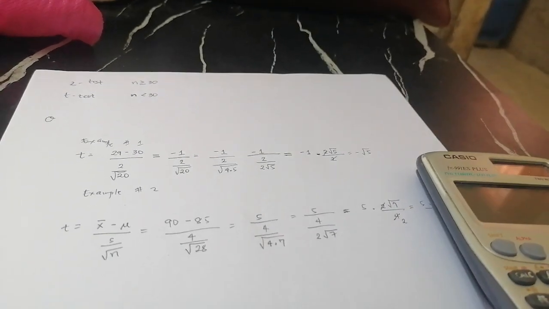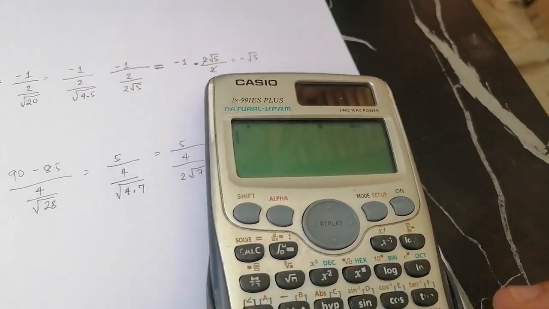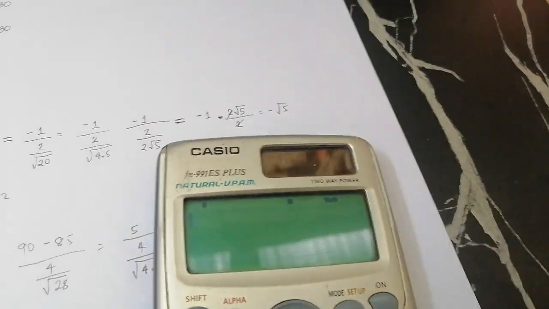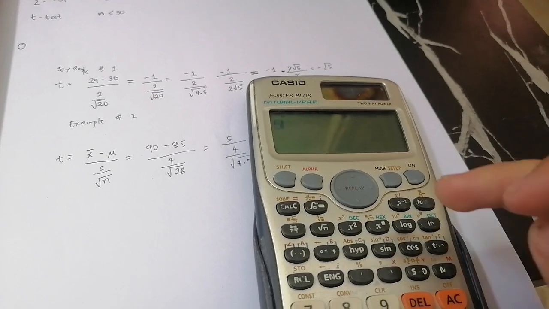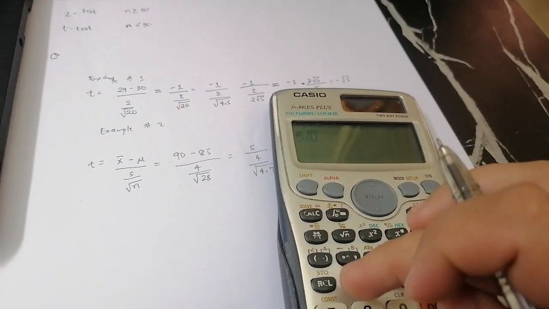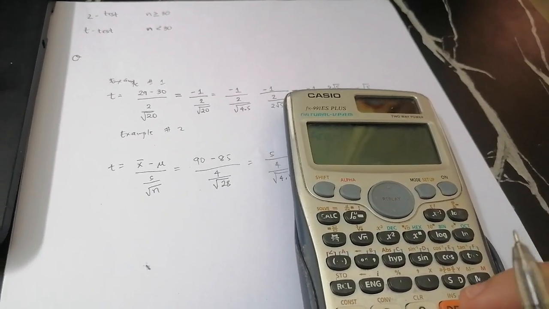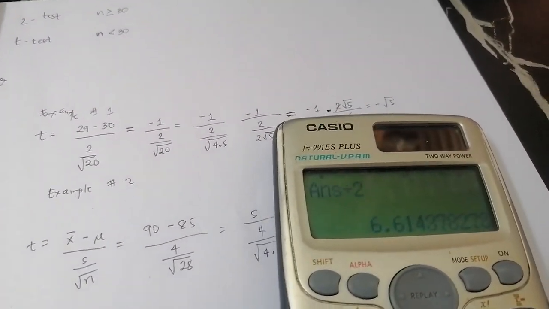If we solve that using the calculator, 5 square root of 7 divided by 2 is equal to 6.61.